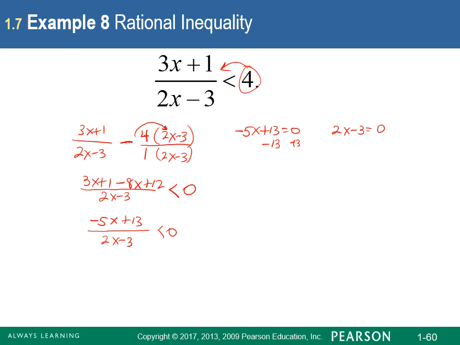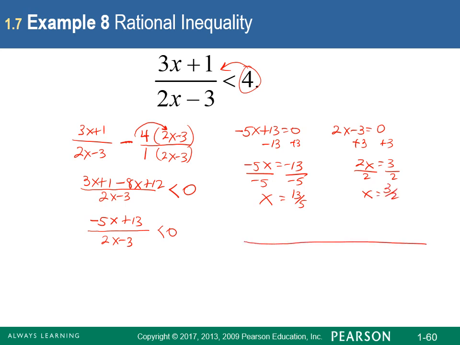Now I'm going to go through this kind of quickly. Here's my number line. Now 13 over 5 would be 2 3/5. 3/2 is 1 1/2.